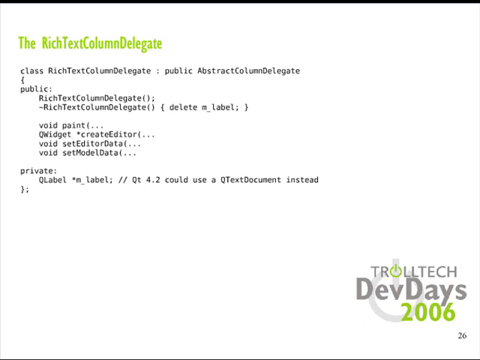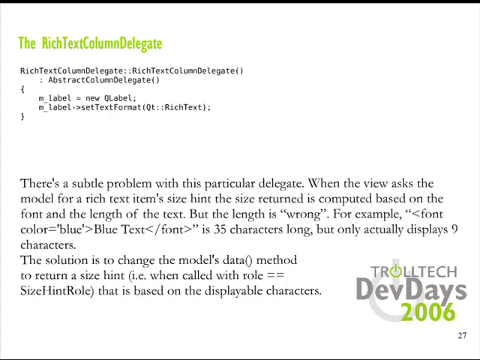We can inherit QTextEdit and chop it down a bit, and that works fine. I'm not going to show you the source of that, but it is available. I will make it available to you so you can see how it's done. It's not hard. So the constructor does something not exciting, but very important. It creates this label, so there's only ever one, and it says whatever text you're given is rich text. Treat it as HTML.